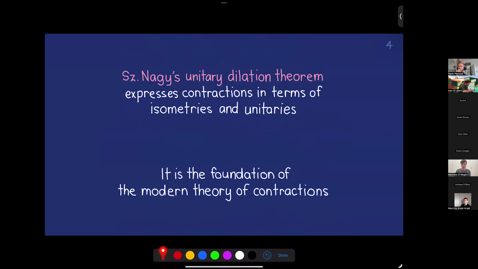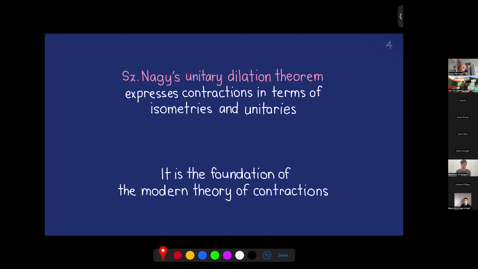With all of this in mind, the starting point of this talk is Nagy's unitary dilation theorem. It's a kind of structure theorem that gives a way of expressing contractions in terms of isometries and unitaries in a universal way.